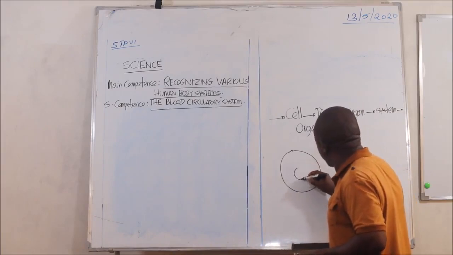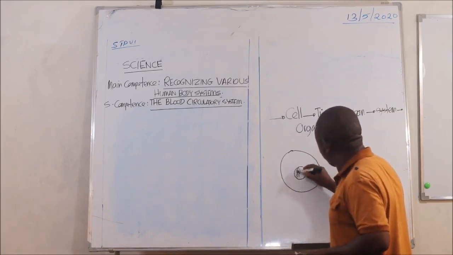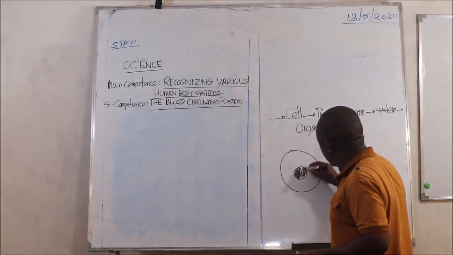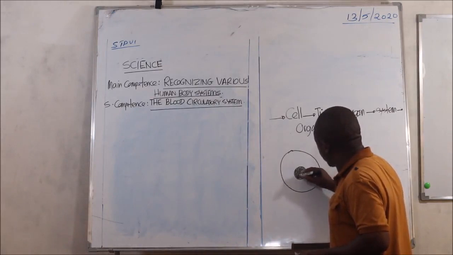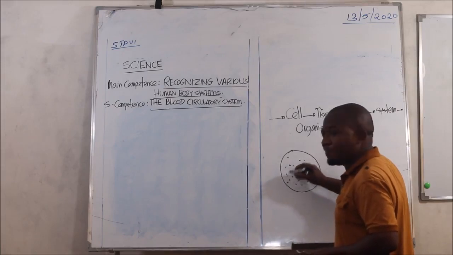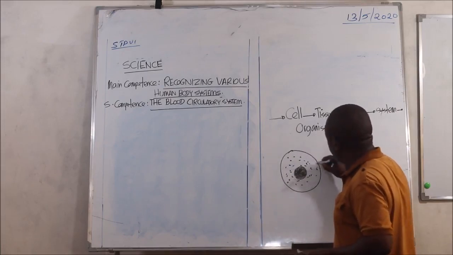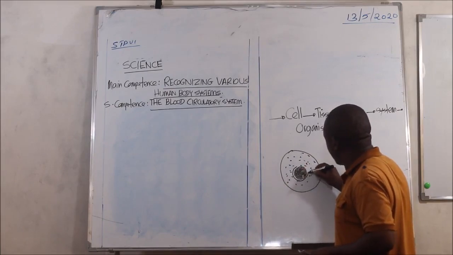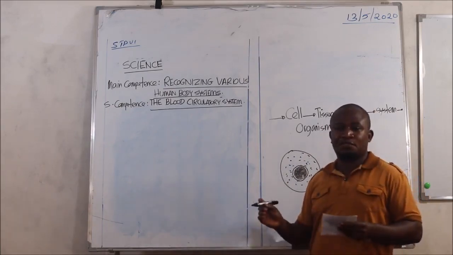So inside the cell here, there is a part which is normally shaded, a dark part at the center of the cell. And there's a dotted portion of an animal cell. Of course, we can include something here which is not very common.